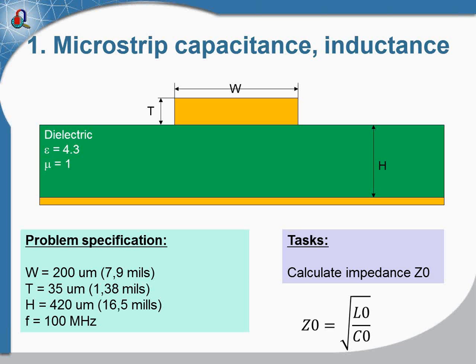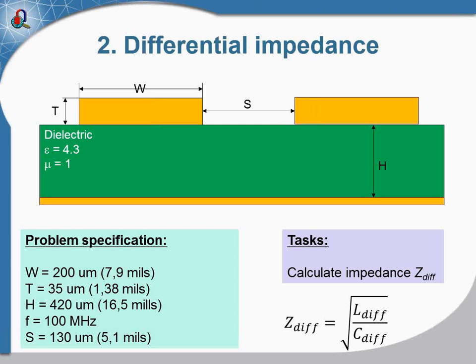So that's it. Let's now move to the next example. And this is the case of the transmission line that consists of a pair of conductors laid on the dielectric board, and on the other side of the board there is the reference plate.